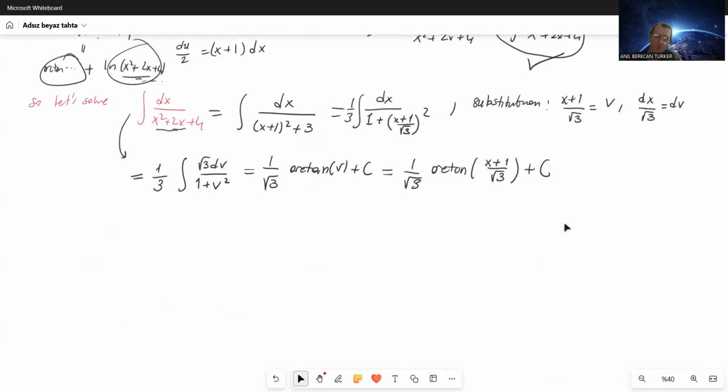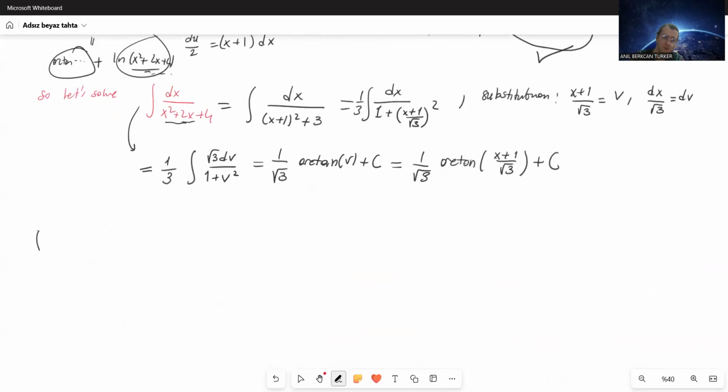Let me show you x plus 3 over x squared plus 2x plus 4, the same numerator. It is irreducible. Let me take the square.